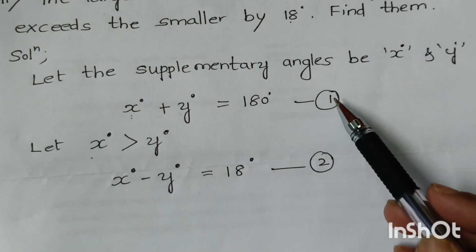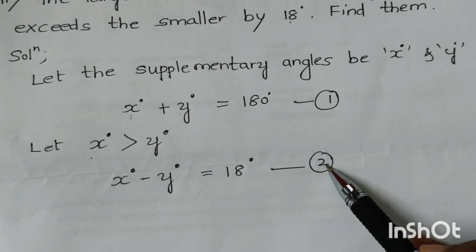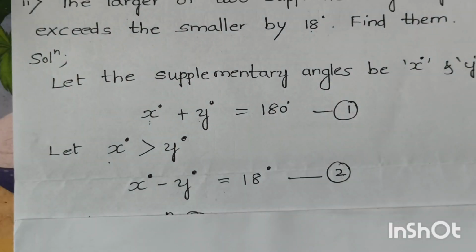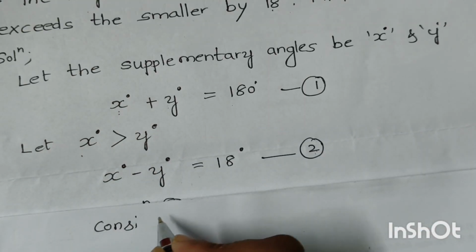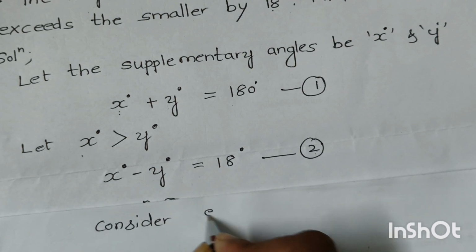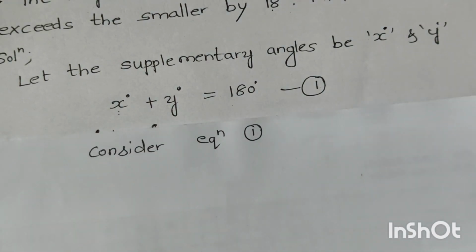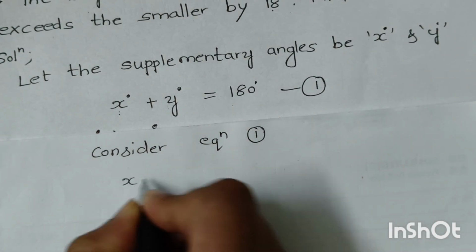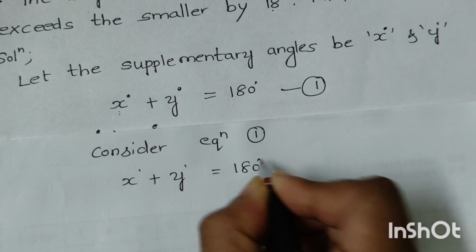Now see, this is our equation 1 and this is our equation 2. We got equation 1 and 2. Now we can solve this. Now let us consider equation 1, that is x plus y is equal to 180 degree.